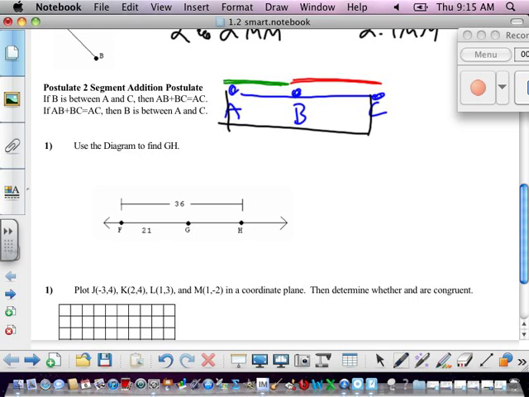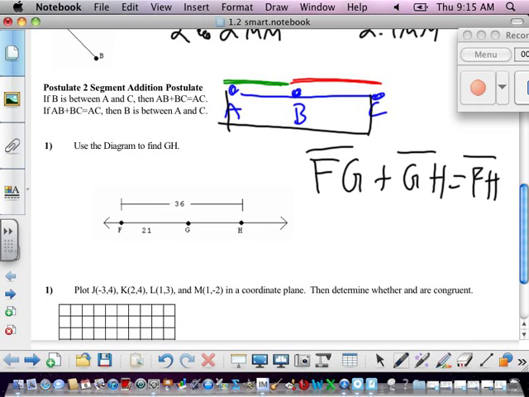I want to figure out what GH is. Well, I know, please write down the symbols as well. I know FG plus GH equals FH. Notice that I made them all segments. I'm talking about the segments, not the line. Okay, so let's fill them in with numbers.